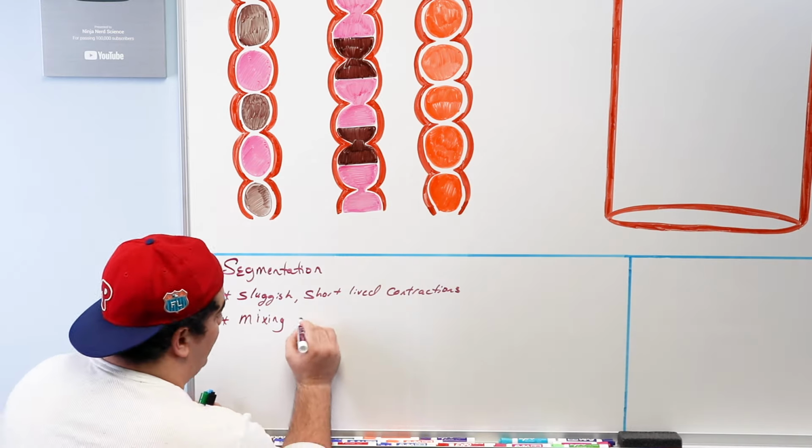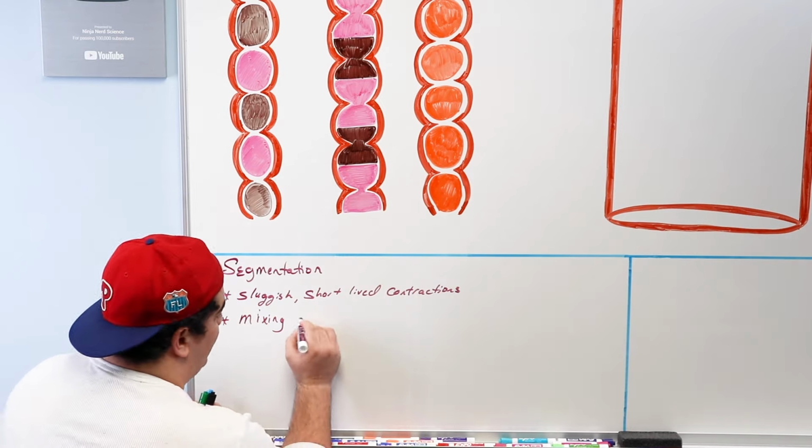What's the other thing it helps with? It increases the contact time between the chyme and the mucosal surface. And again, this goes back to the overall goal, which is to stimulate or enhance absorption.